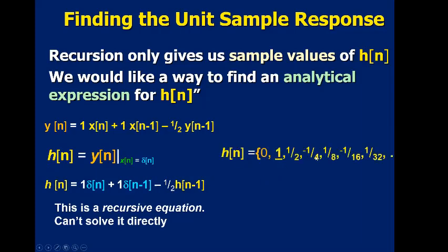Turns out if you stared at this sequence long enough, you might be able to invent an analytical or equation type description for this signal. One of them might be, for example, delta sub n to get the 1, and then a minus 1 to the n minus 1 to get the sign to flip back and forth. And this decay by a factor of 2 in the denominator every term would be like a 1/2 to the n.